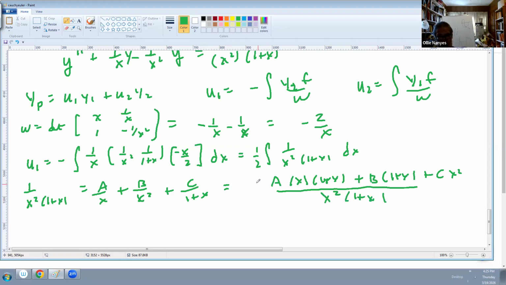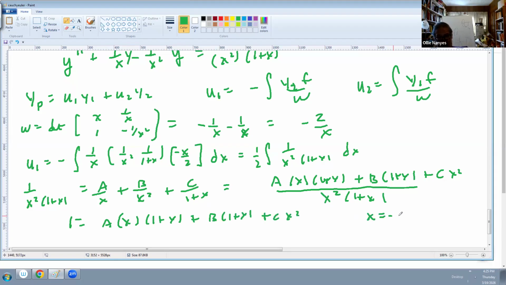And the numerator has to be 1. So we know that 1 is equal to a x, 1 plus x, plus b, 1 plus x, plus c x squared.